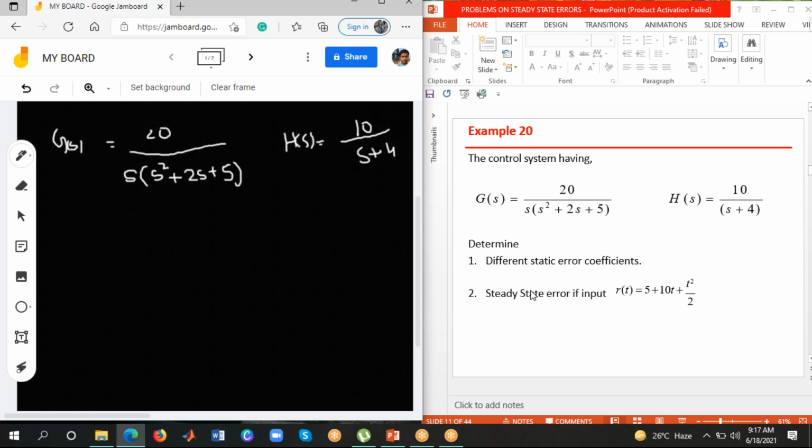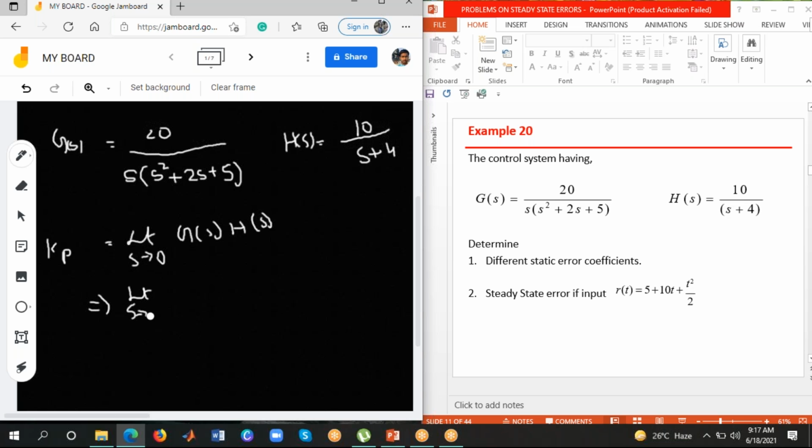The first question is we have to find the static error coefficients. The first one is Kp, the positional error coefficient. The Kp formula is limit s tends to 0, g of s into h of s. Now just substitute this g of s, h of s here.